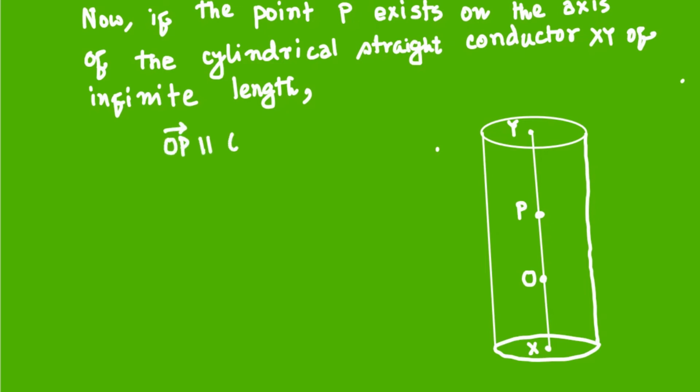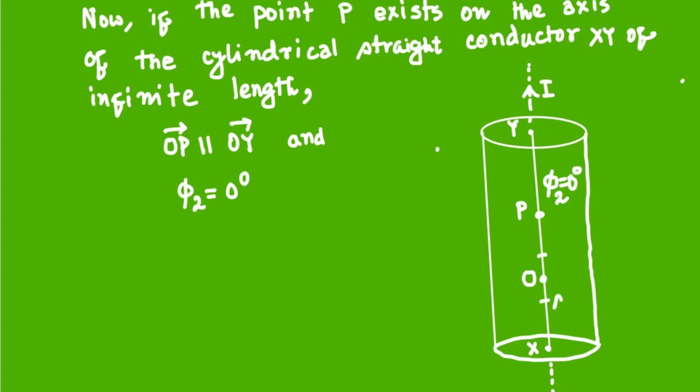Vector OP is parallel to vector OY, and the angle subtended by the end Y with respect to the point P, phi 2, is equal to 0 degree.